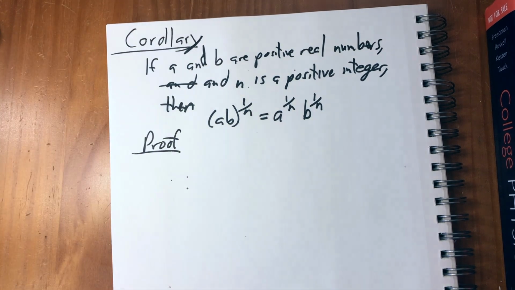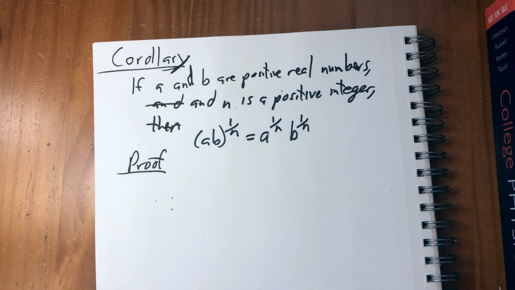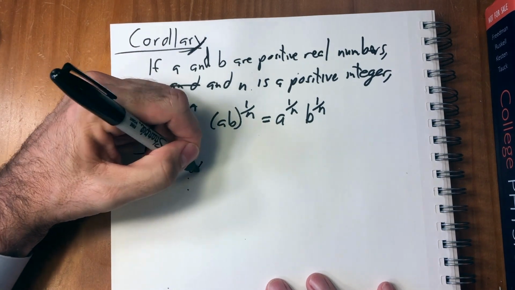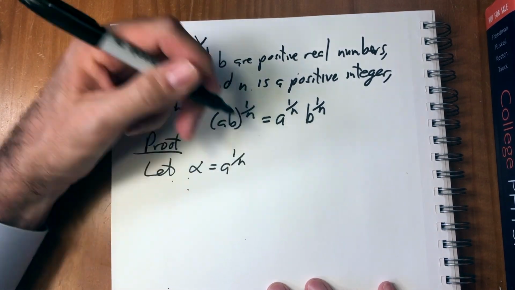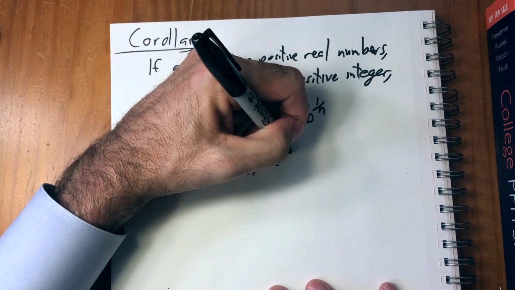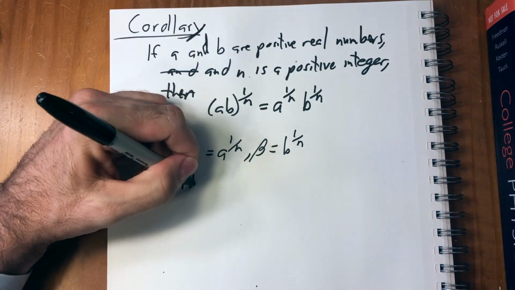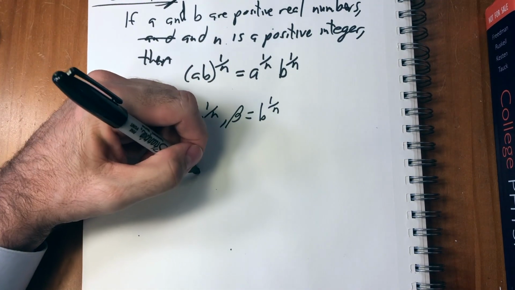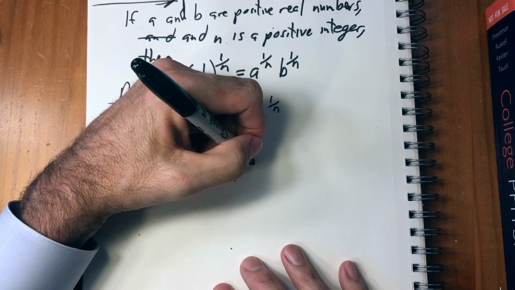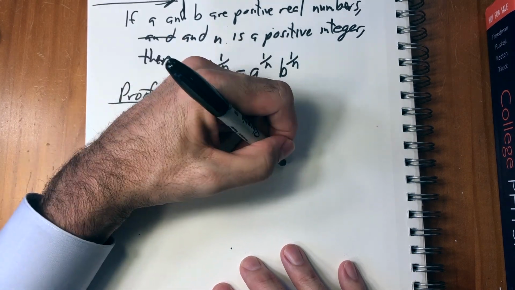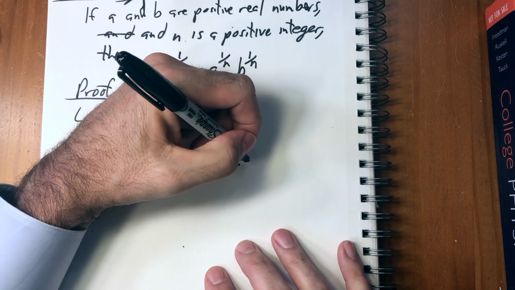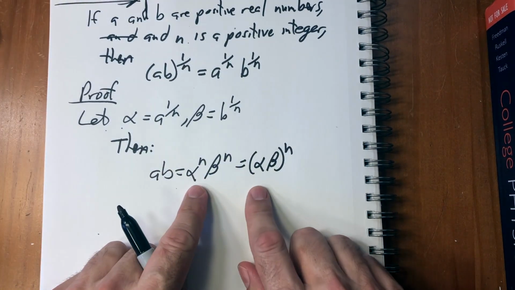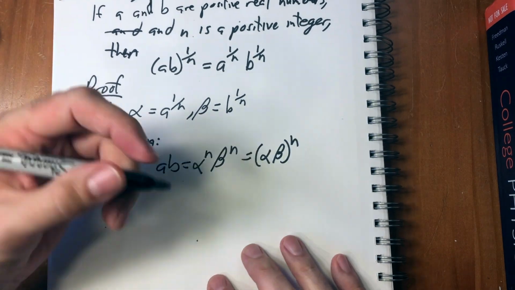So this is just one of those results that we need to show, and it comes from what we just did. So if we let alpha equal the nth root of A, beta equal the nth root of B, then AB equals alpha to the n, beta to the n, and we already know that this is alpha beta to the n because multiplication is commutative, right?